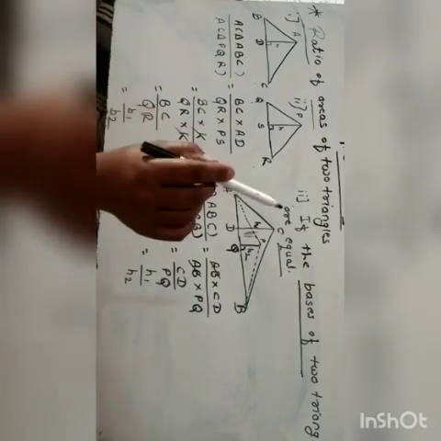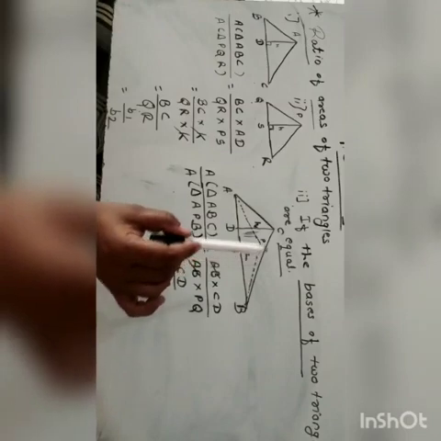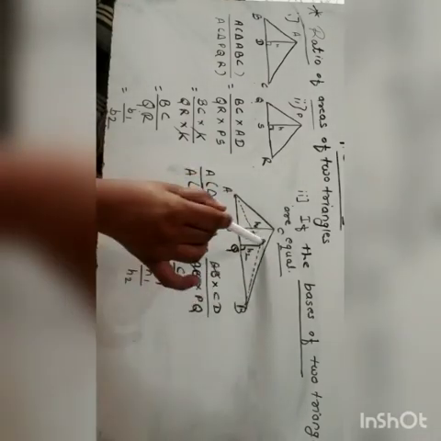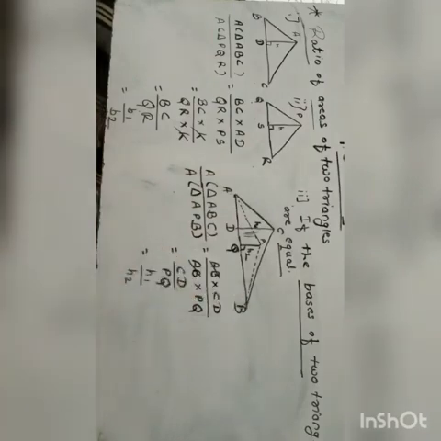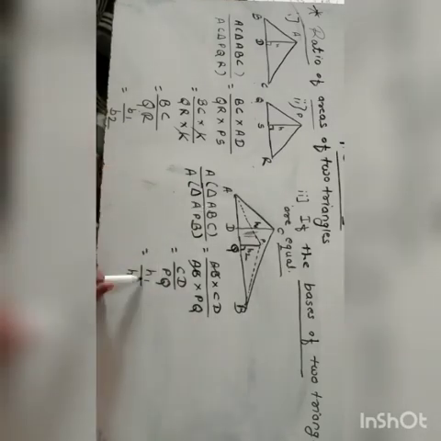And in the second condition, for the two triangles CAB and PAB, if their bases are equal, then the ratio of areas of the two triangles is equal to the ratio of their corresponding heights. So what we get here is H1 upon H2.